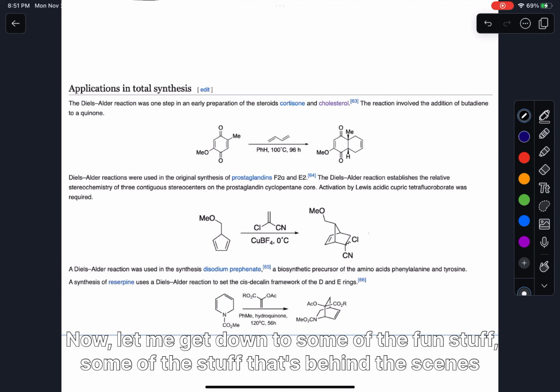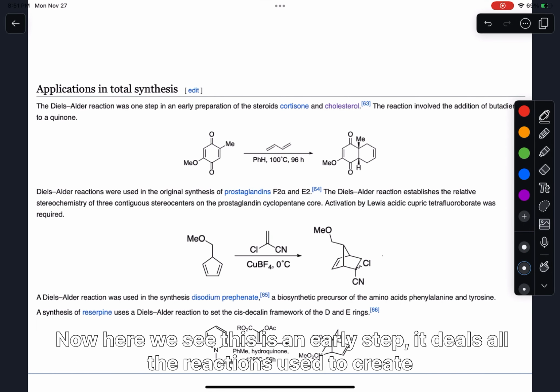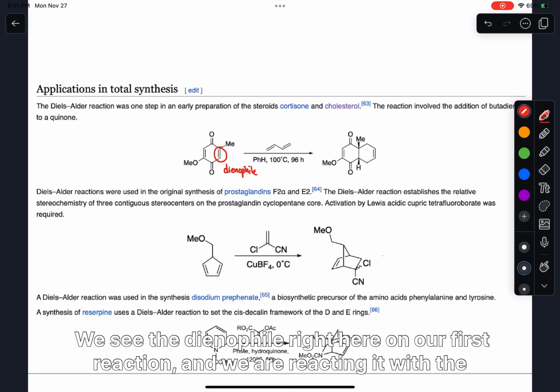Now, let me get on to some of the fun stuff, some of the stuff that's behind the scenes of some applications. Here, we see this is an early step. The Diels Alder reaction is used to create cortisone and cholesterol. We see the dienophile right here on our first reaction, and we are reacting it with a diene.